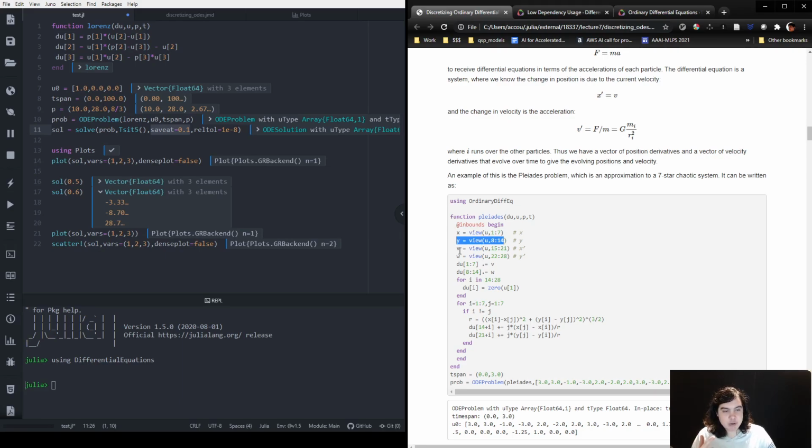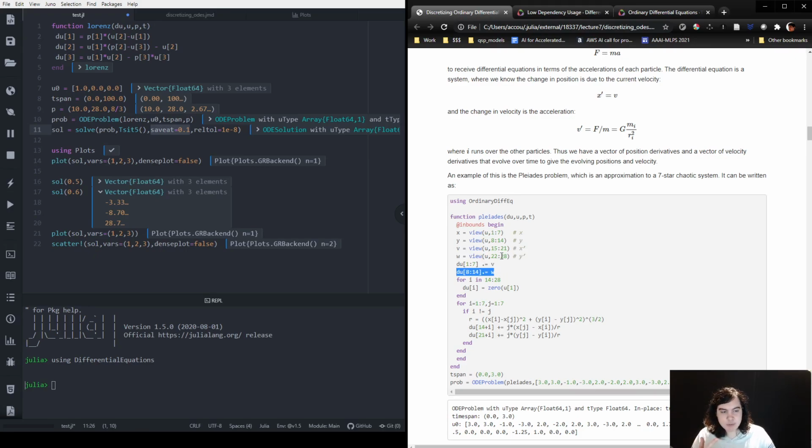The third part of my vector is all the x primes, and the fourth part is all the y primes. This is using a view, so these are all non-allocating, just pointing to the same memory as before. And now the first set of equations I want to do is that x prime equals v and y prime equals w. There we are, just mutating the x prime term and the y prime term to match the derivative.